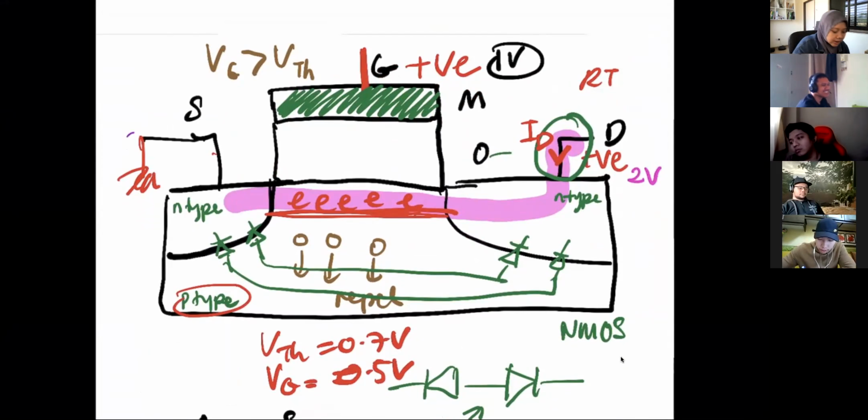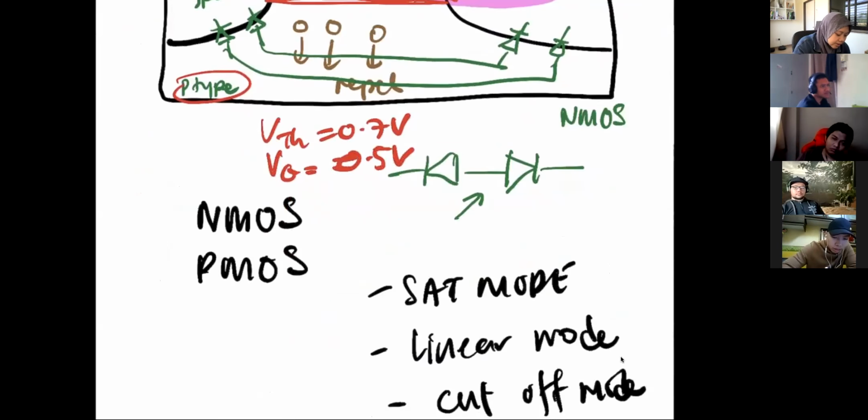Let's say VT is 0.7, I apply a VG and ground the source. I apply VG to be 1 volt, and then I apply 2 volts at the drain. Next, I apply 4 volt. VGS minus VT equals 1 minus 0.7, which is 0.3.